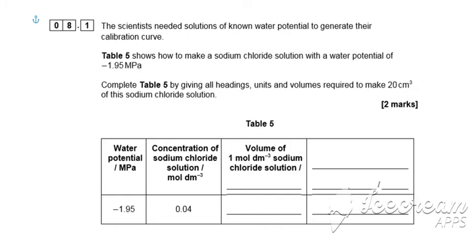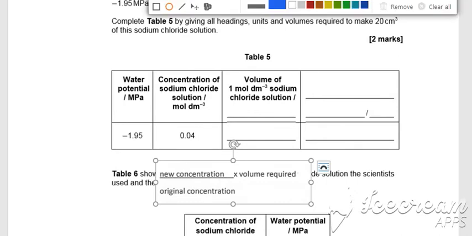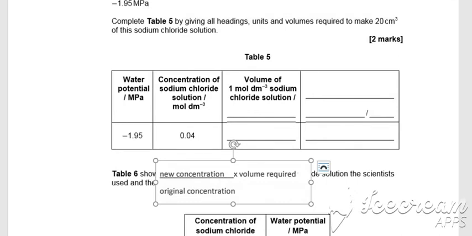If we are trying to calculate our concentration of sodium chloride solution, then we need to use the equation that we've been given in our maths pack, which is the fact that you are using the new concentration, dividing that by the original concentration, and timesing that by the volume required.